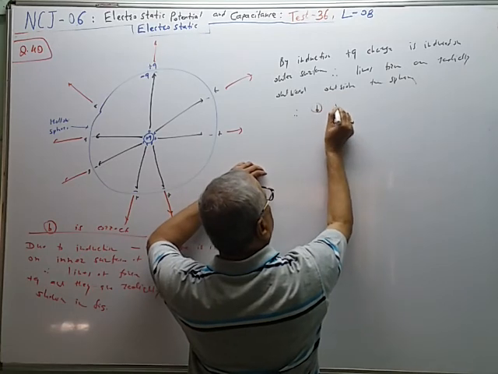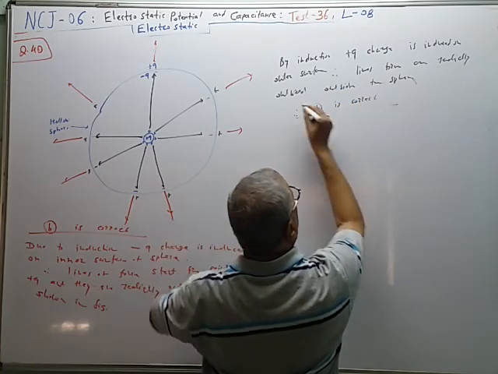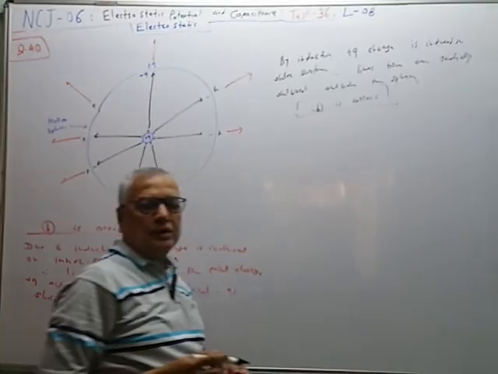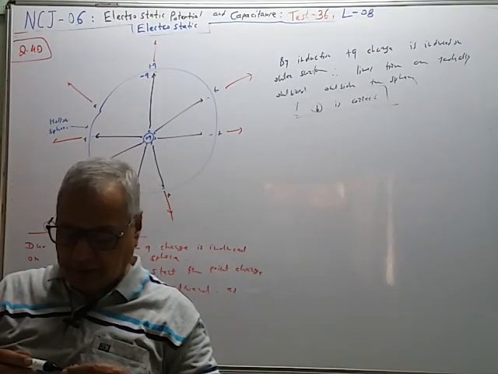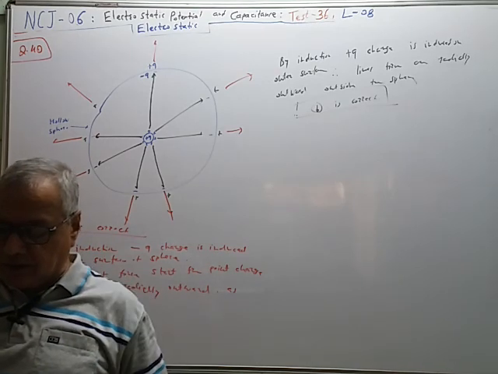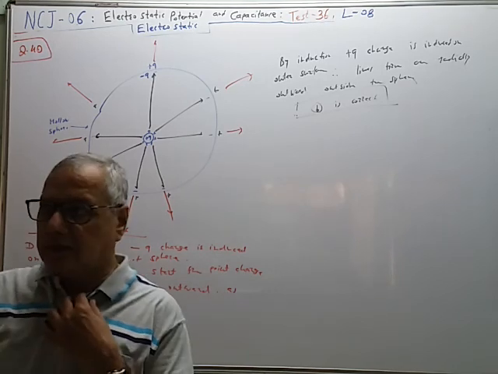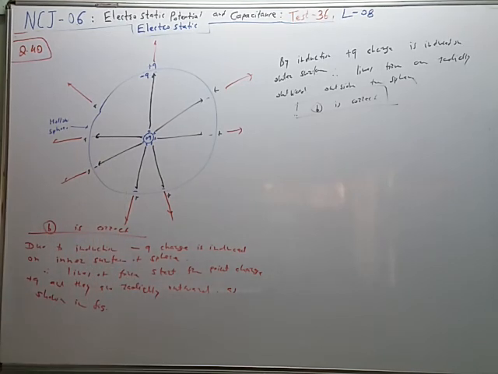Therefore, B is correct. So that is the reason why the B pattern is correct. Now, in figure A, the outer sphere is not shown, and in figure C, there are no lines shown in the region outside the sphere. Therefore, C is also wrong. So only the B pattern is correct, and it is shown like this.